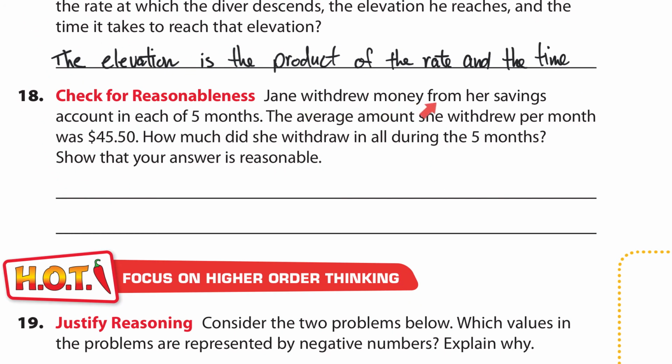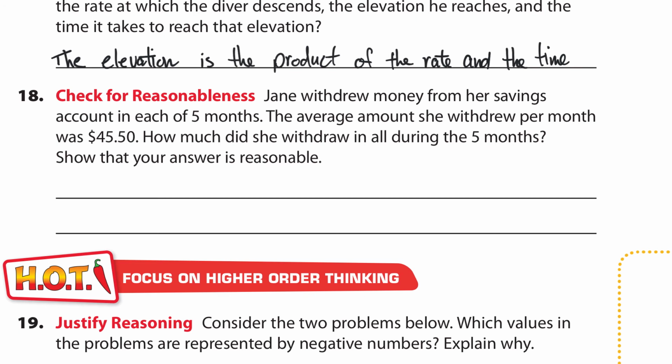Jane withdrew money from her savings account in each of 5 months. The average amount she withdrew per month was $45.50. How much did she withdraw in all of the 5 months? Show your answer is reasonable. Well, let's see.